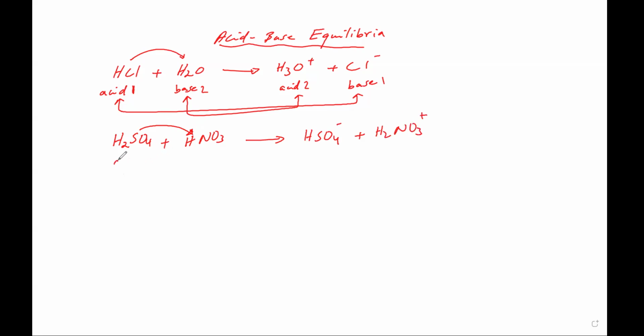So acid 1 here is the sulfuric acid and its base is base 1. Nitric acid will be base 2 and H2NO3 positive will be acid 2.